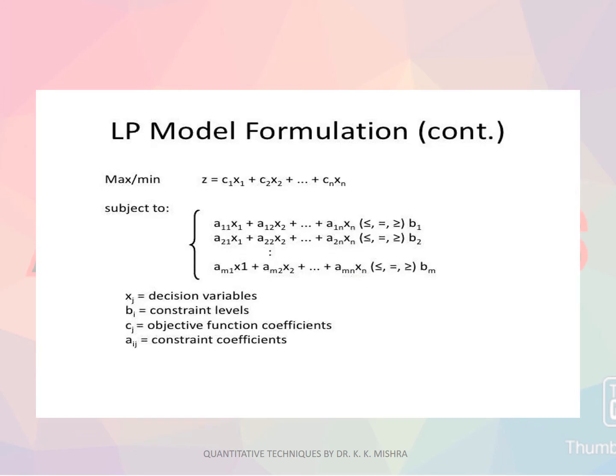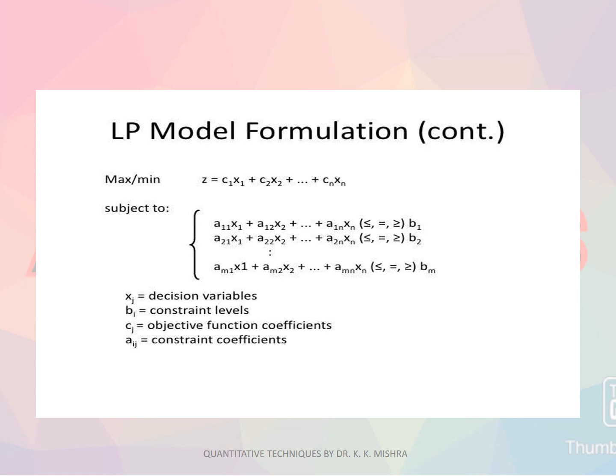A typical mathematical formulation, or LP model formulation, is represented here in this slide, wherein the objective function is written as maximum or minimum, whatever be the case, symbolically z. So maximum or minimum z may be equal to, say, c1x1 plus c2x2, up to cnxn, etc. Then, subject to constraints, those constraints are expressed as inequalities.